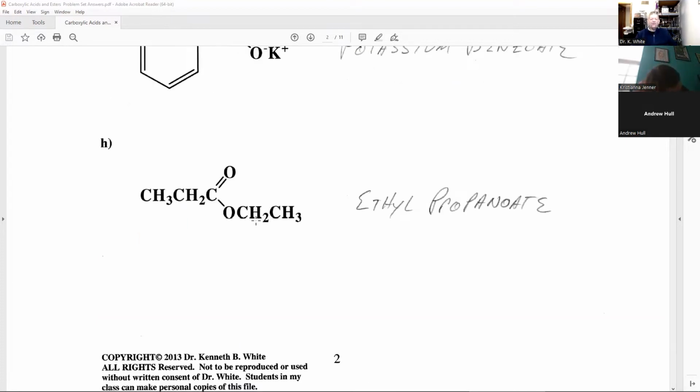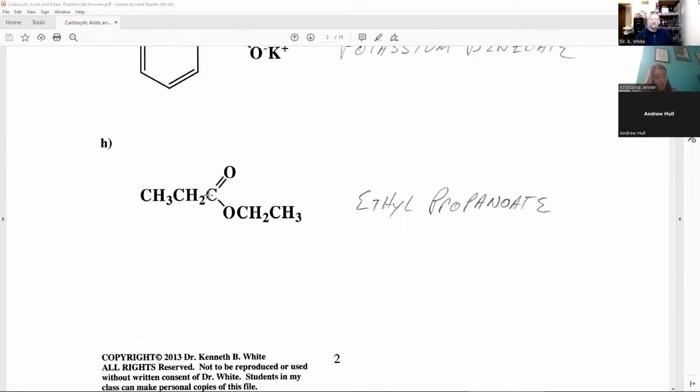Now here we have an ester. And how do you do an ester? Well, the R prime on the oxygen, you name in front as an alkyl group, ethyl.